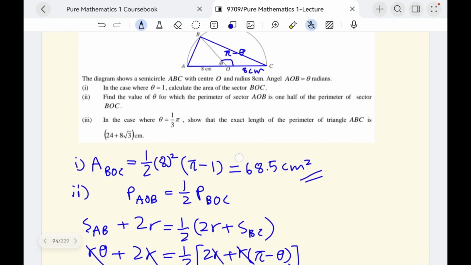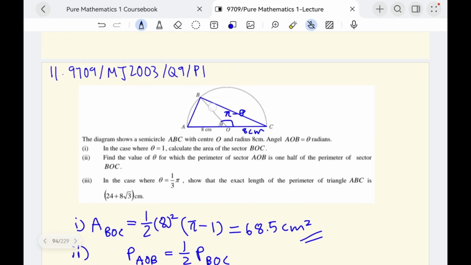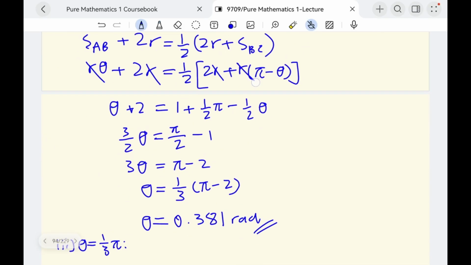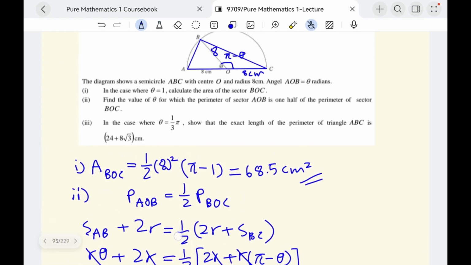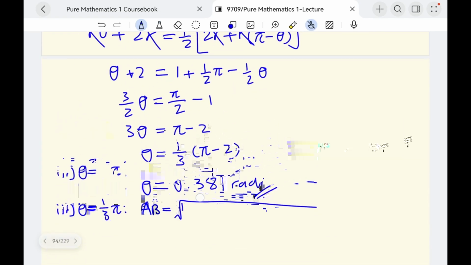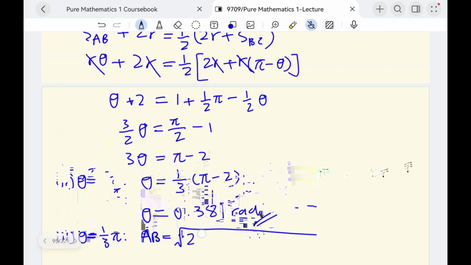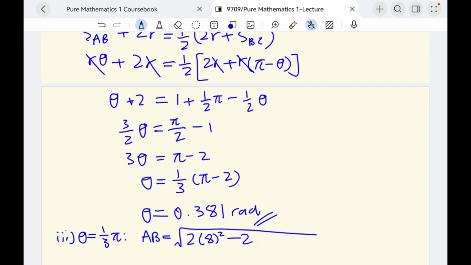So that means you need to find the length of each segment. You must use the cosine rule to get it. To get AB, you take the square root of twice r squared, following the cosine rule, minus twice r squared cosine of theta.